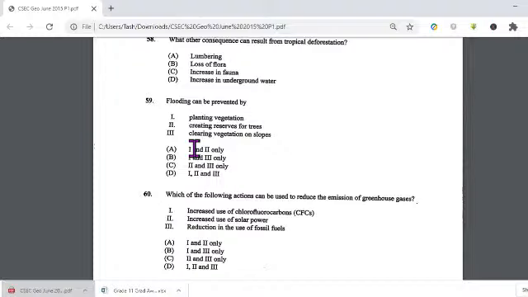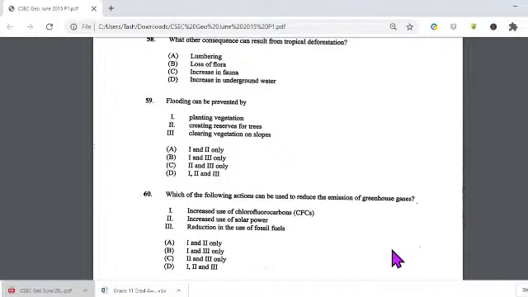All right, so we're at number 60. For number 60, which of the following actions can be used to reduce the emission of greenhouse gases? 1. Increase the use of chlorofluorocarbons. 2.